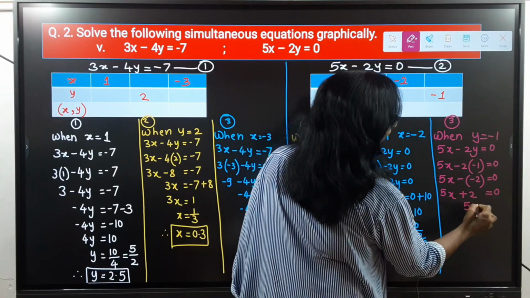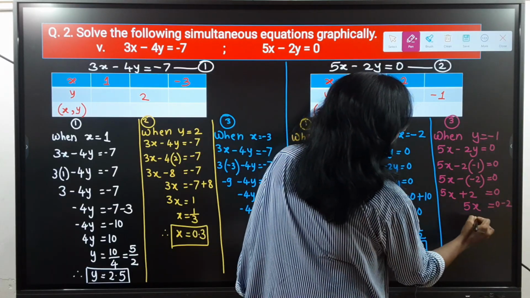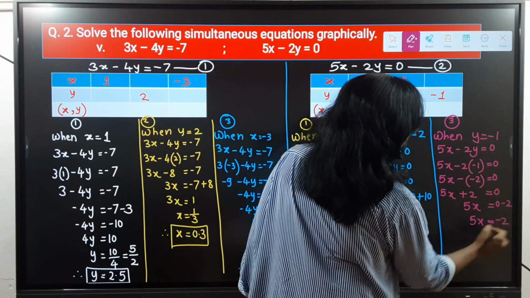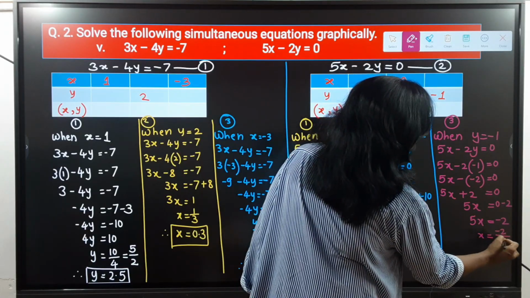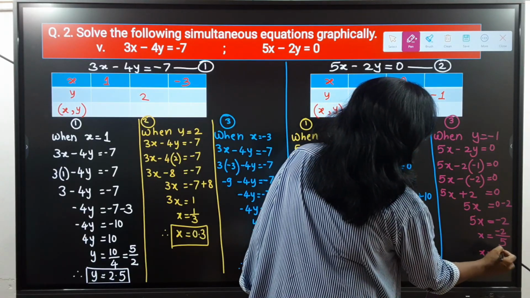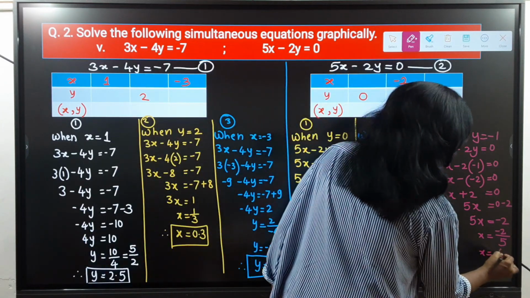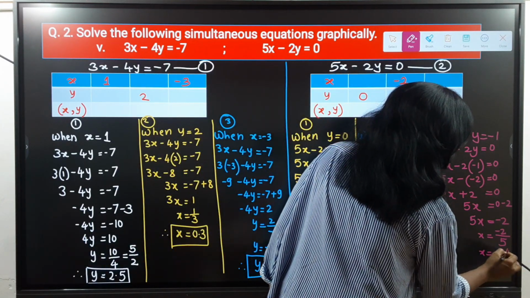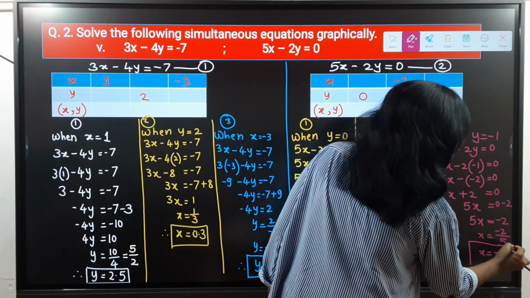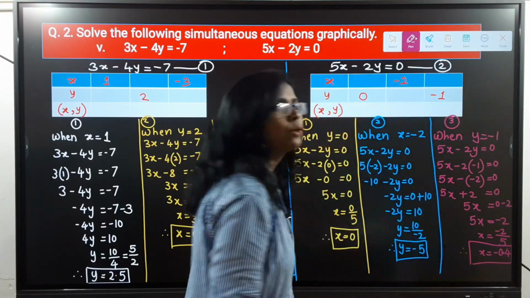Then here, students, 5x is equal to 0 minus 2. Therefore 5x is equal to minus 2. So x is equal to minus 2 upon 5. That means here 5 4s are 20. So 0.4. Therefore we say x is equal to minus 0.4.